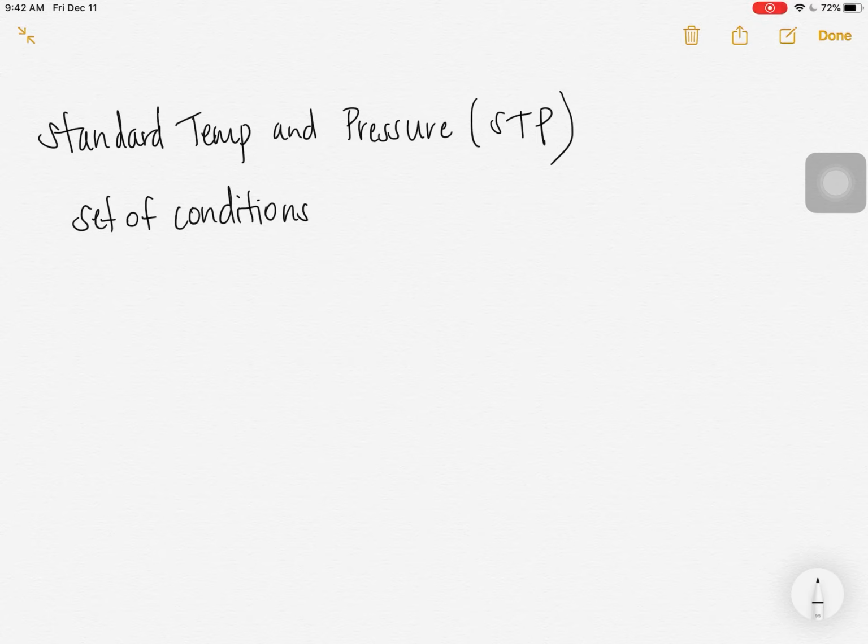This is just a set of conditions, a temperature and a pressure. That's all it is. The standard temperature is set at 0 degrees Celsius, and the pressure is 1 atmosphere. So those are the standard temperature and pressure conditions.